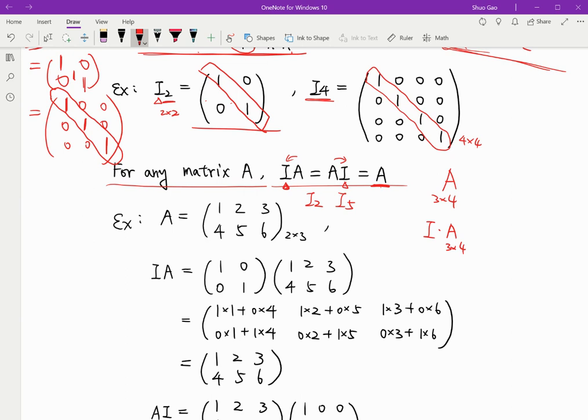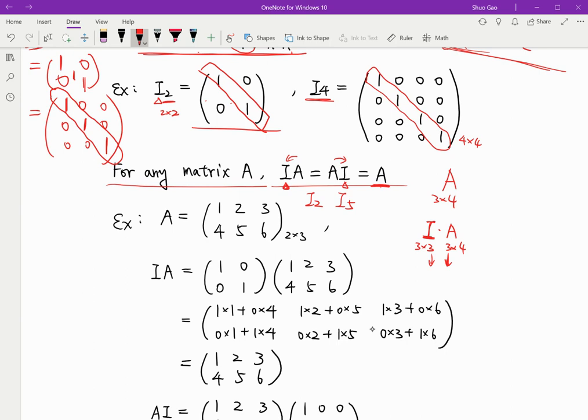If we want to calculate I times A, then we have to find the identity matrix with a dimension of 3 by 3, right? Because the column dimension of the first matrix should be equal to the row dimension of the second matrix, and the row dimension of A is 3.